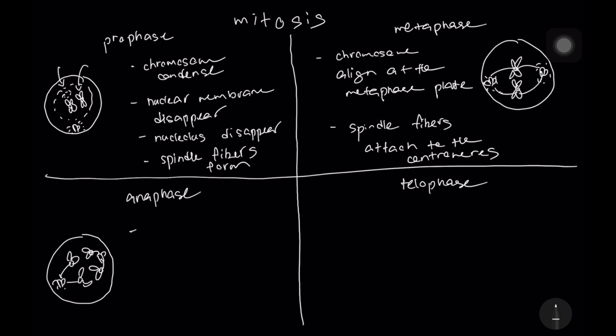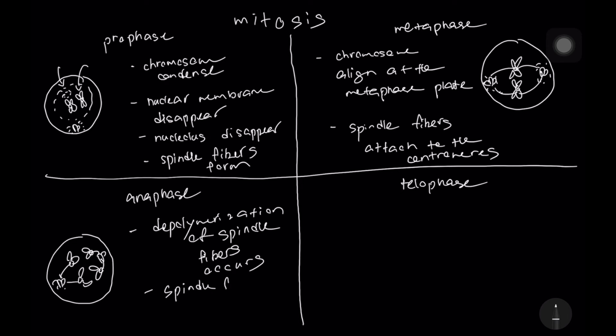So we can write depolymerization of spindle fibers occurs, and also the spindle fibers pull the chromosomes to the opposite poles. For extra points, you can write the centromeres break, because at the center here, the centromeres break. That's for extra points, but I think it is more than enough.